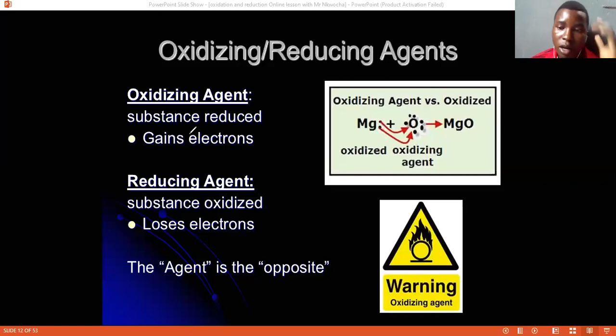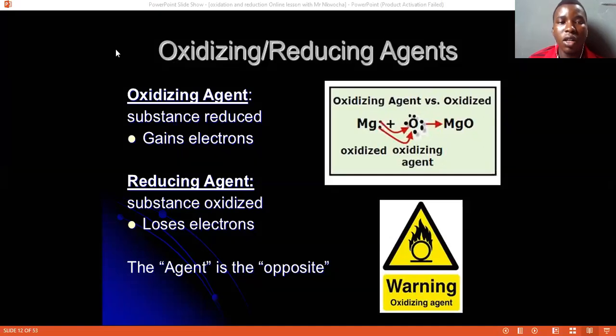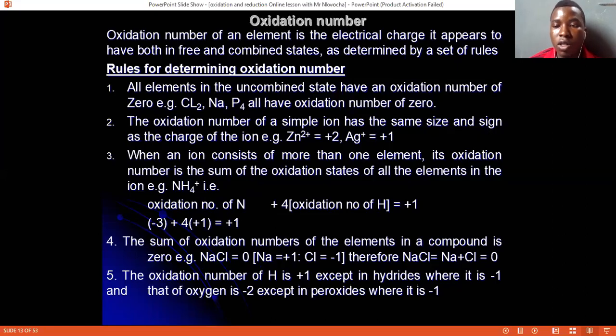We can have a question here. Sir, please, what is a redox reaction? Okay, so a redox reaction is a reaction that involves oxidation and reduction, in which one element is losing electrons while the other element is gaining electrons.